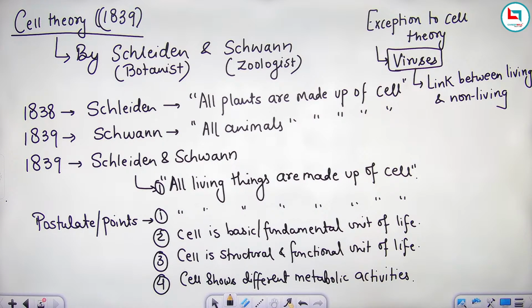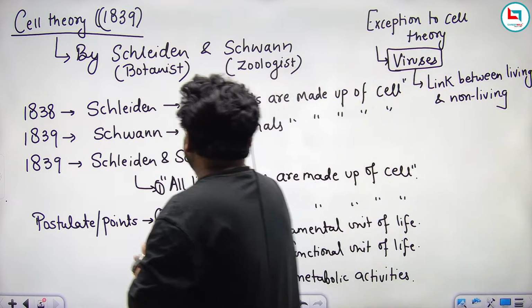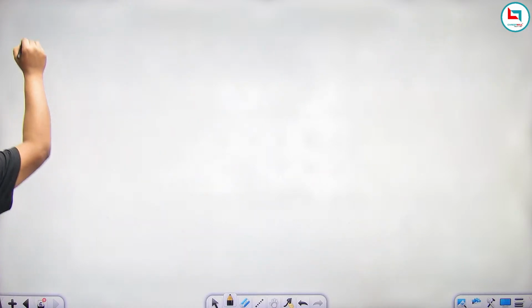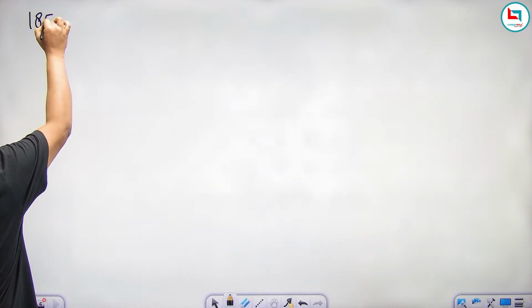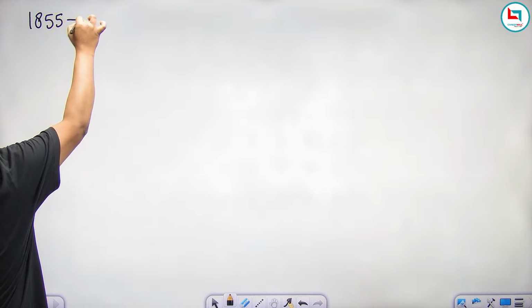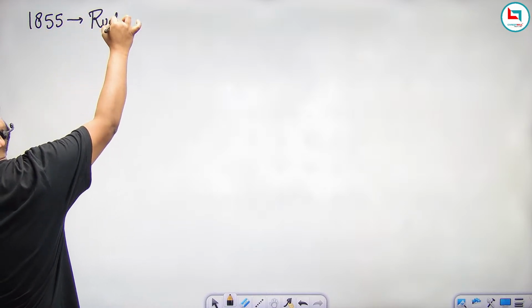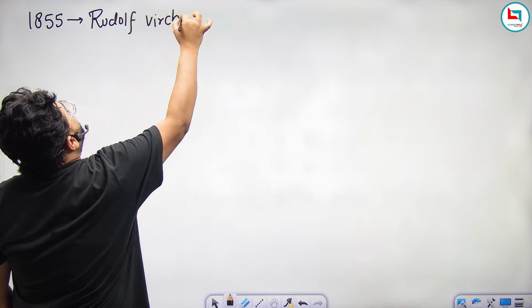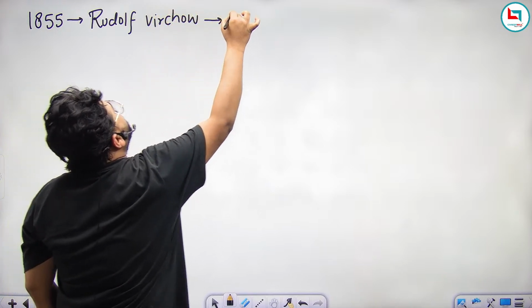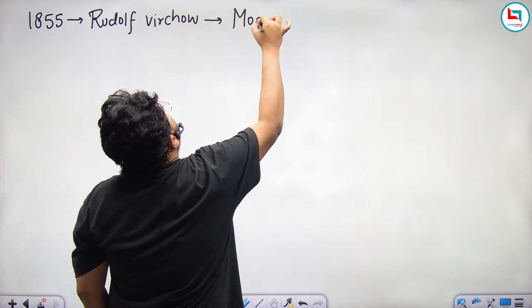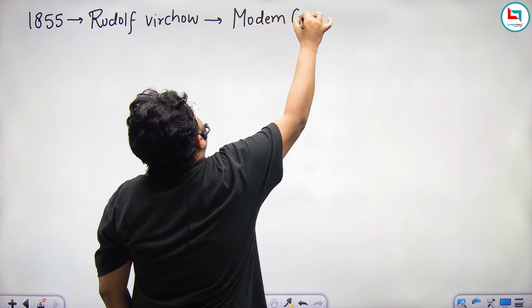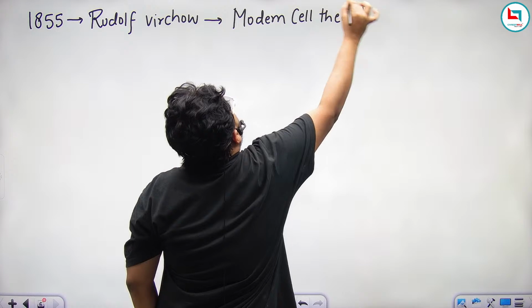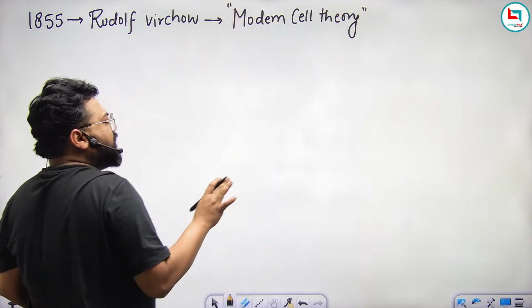Now, next thing. In the year 1855, another scientist, Rudolf Virchow, proposed modern cell theory. So what has he done? He has done nothing.